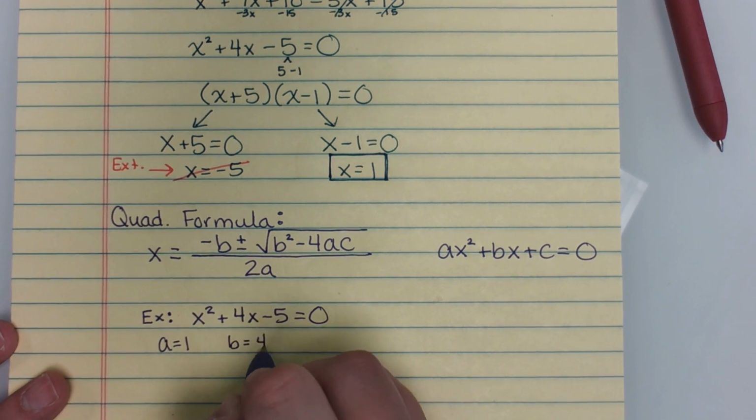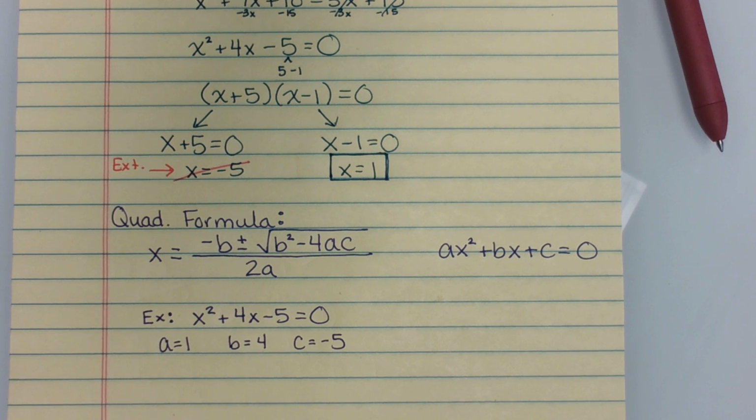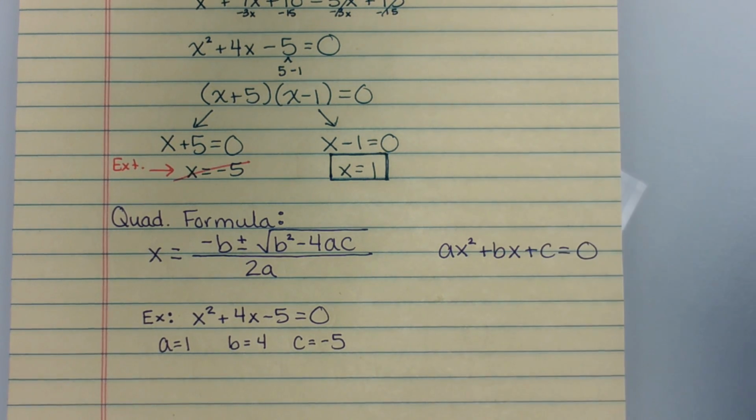We make sure it's equal to 0. And then a, b, and c are just the numbers in front of the x and the constant. Do not forget to bring positive and negative with. Plus and minus would give us the two answers. If you do not remember how to use the quadratic formula, then we should probably talk about it. But most of your problems are not going to require it, if not all.